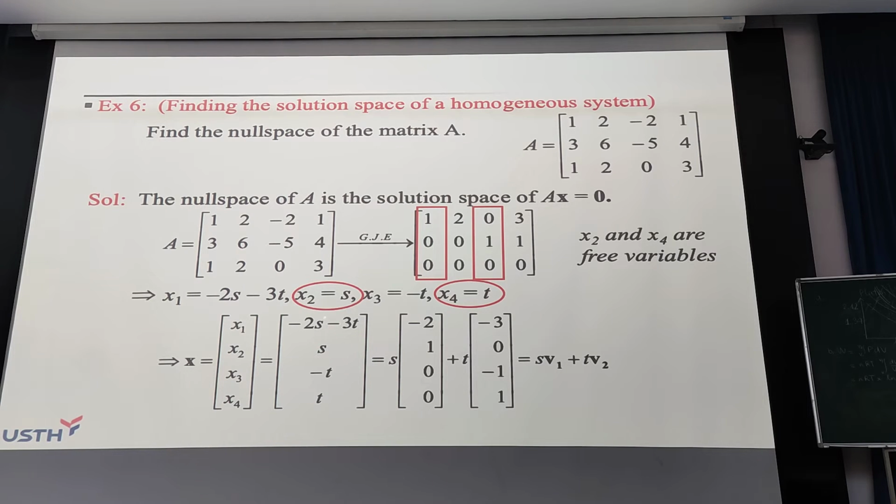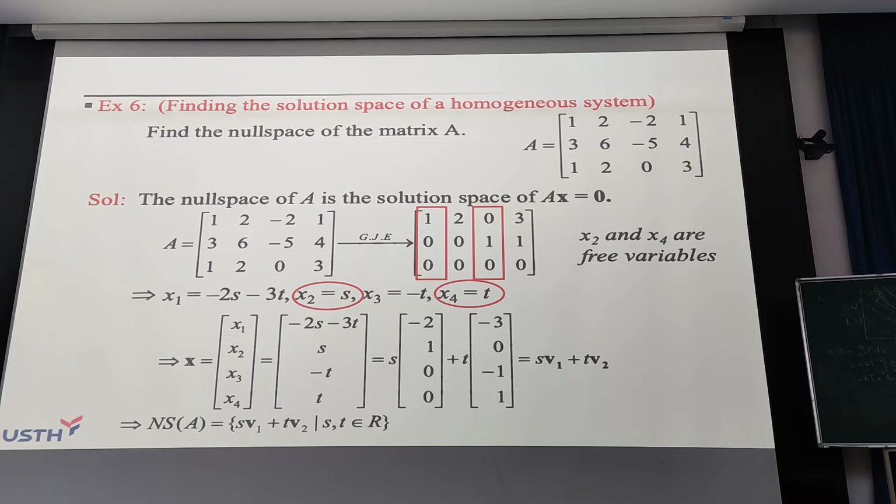That vector, or that column matrix, equals s times that column plus t times that column. Or if you consider that is v1 and that column is v2, we get x equals s of v1 plus t times v2.